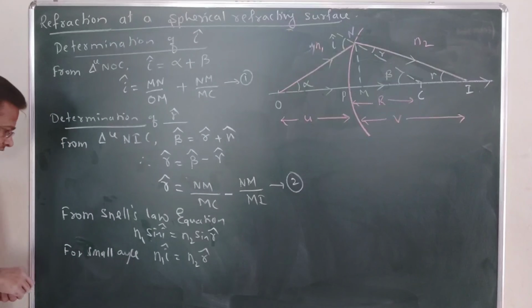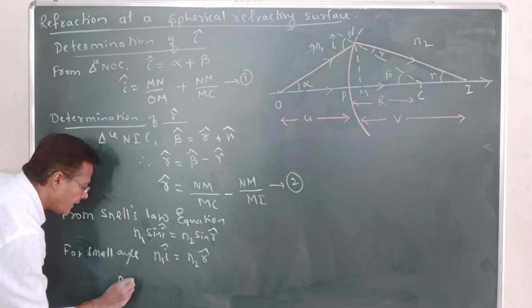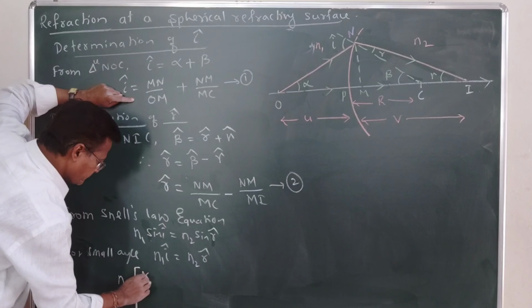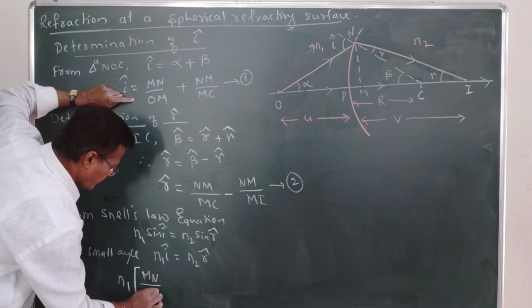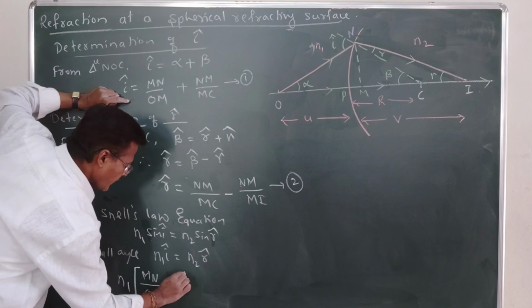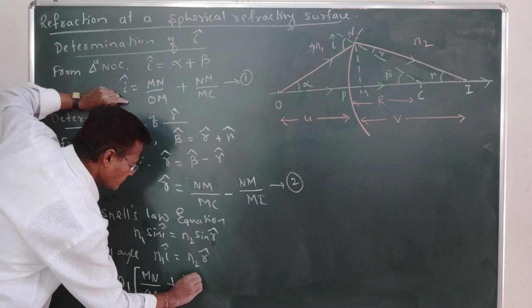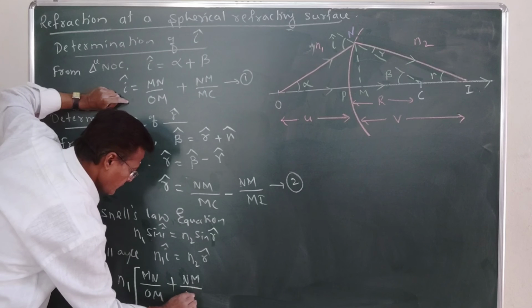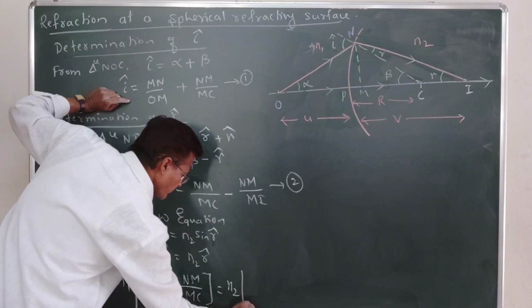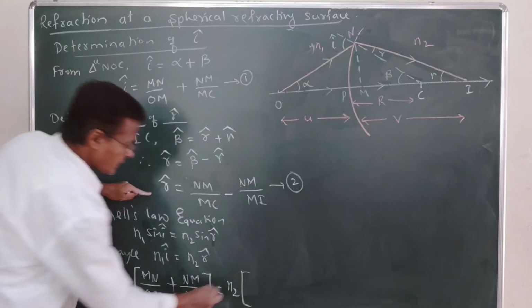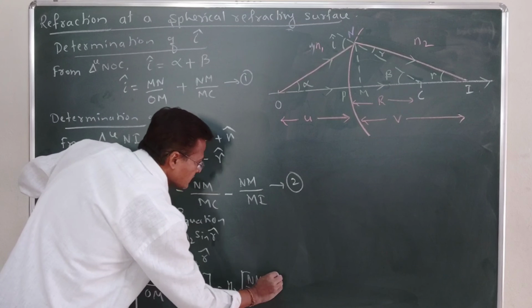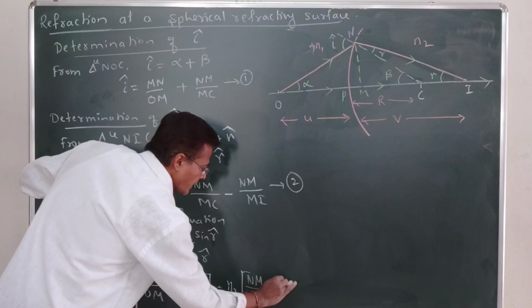So here we substitute the values: N1 times Nm by OM plus Nm by MC equals N2 times Nm by MC minus Nm by MI.